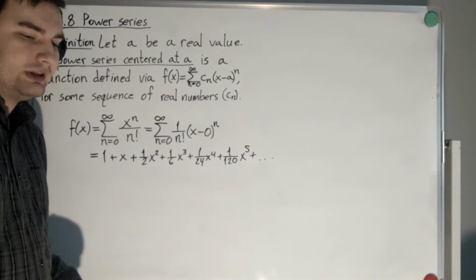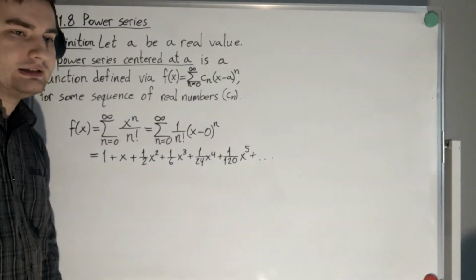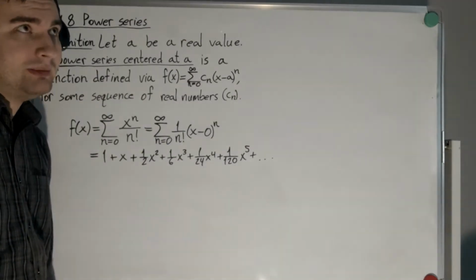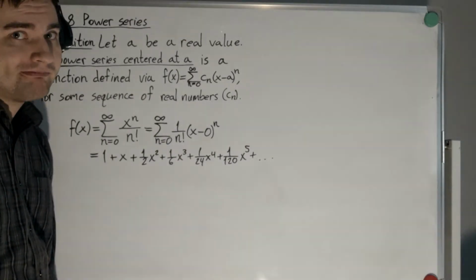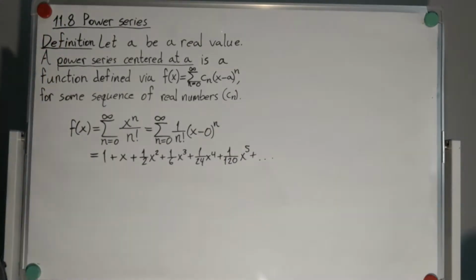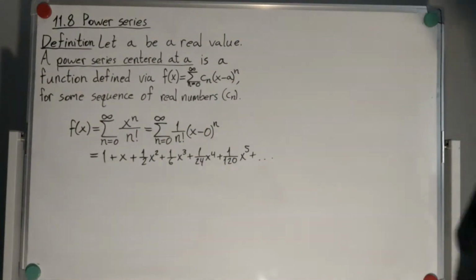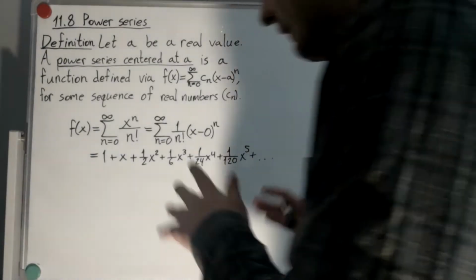So in some sense, you could think of a polynomial as a special case of a power series. A power series where infinitely many of the coefficients are 0.